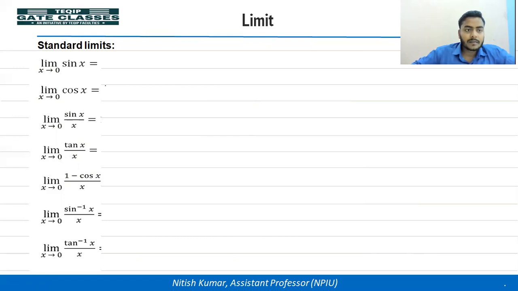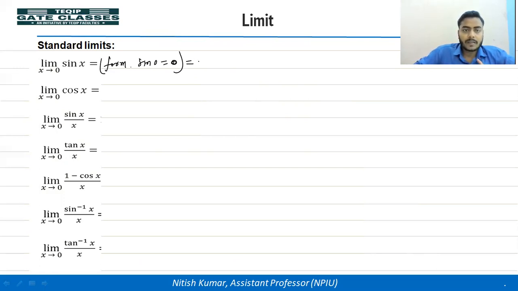Some standard limits of sin x. You can say, what is the form here? Form क्या है यहाँ पे? Let me check the form here. sin x, put the value of x as 0: sin 0 क्या होता है? 0. तो 0 तो कोई फॉर्म ही नहीं है, ये तो डिटरमिनेट फॉर्म है.